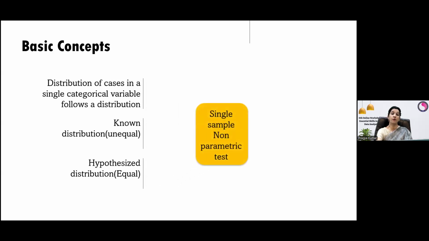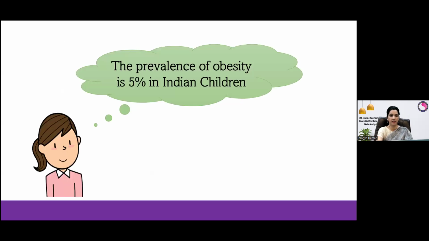Or if there are 4 levels, it depends on the category. Like blood group, where there is A, B, AB and O, it takes 25% of each category. If there are 3 levels like normal, overweight and obese, it takes 33% each.